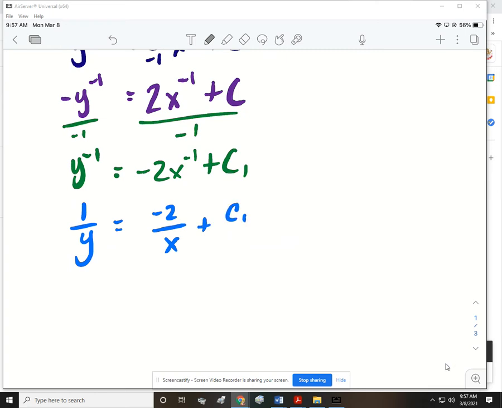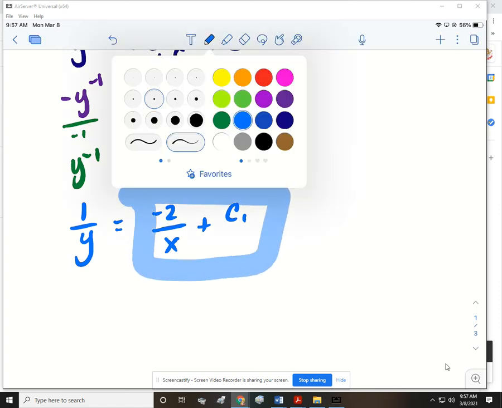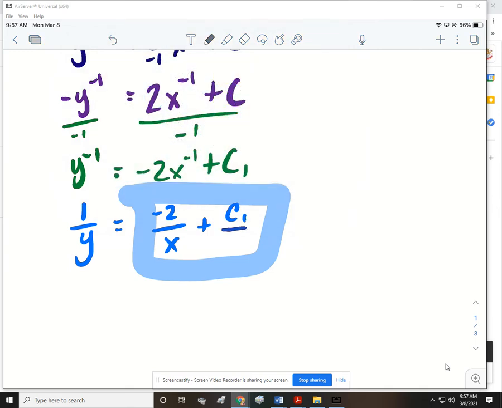Okay. Now I'm about to do a reciprocal thing. And to be able to do the reciprocal thing, we need fractions on both sides. So we need this side to be 1 fraction. So I am going to find a common denominator, which is going to be x.